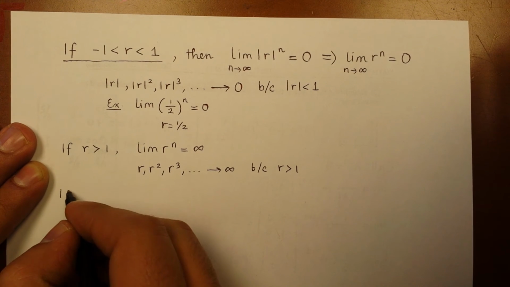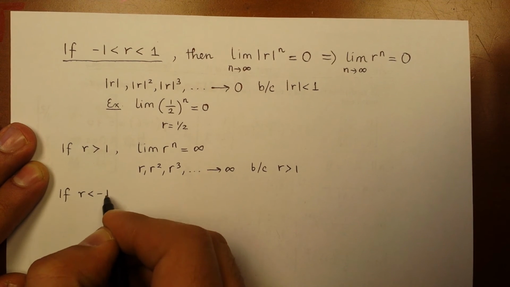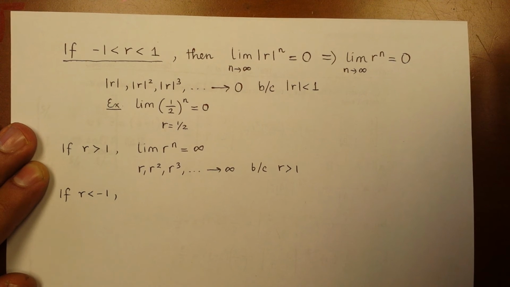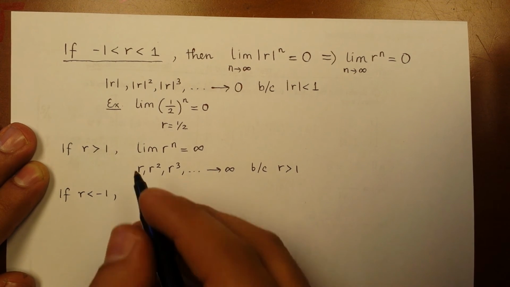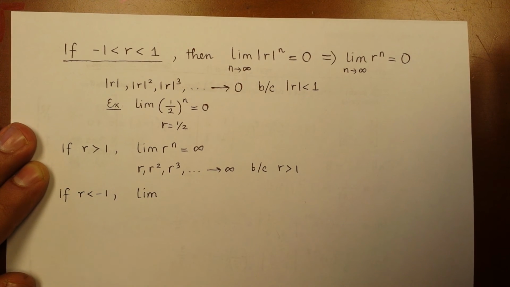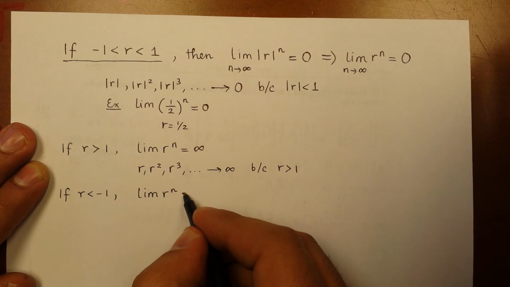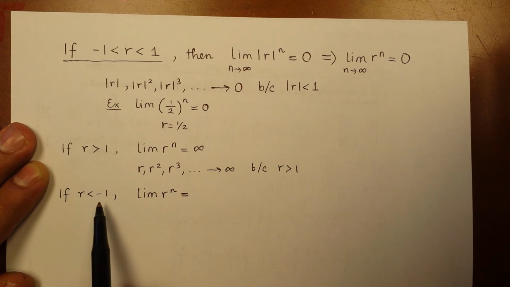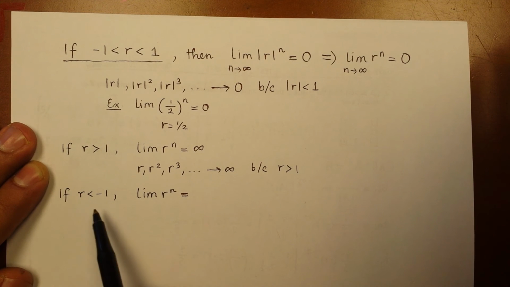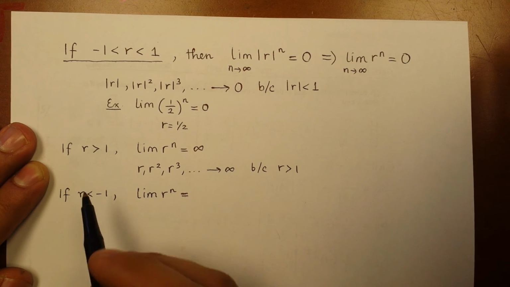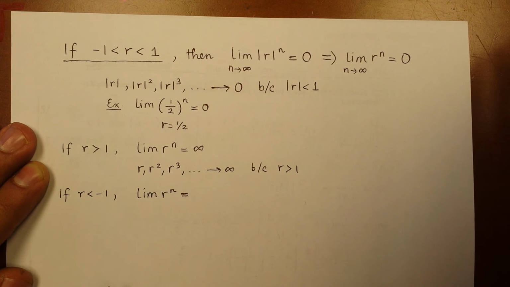And if r is less than -1, this time be careful. If you take the limit of r to the n, it will oscillate between the negative values and the positive values.